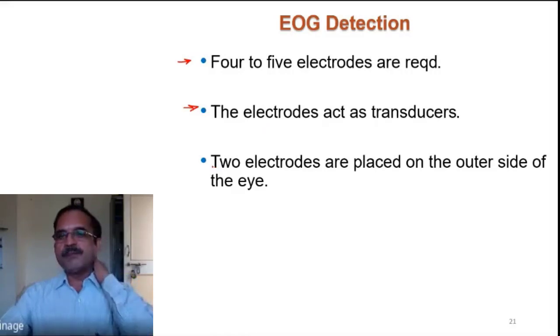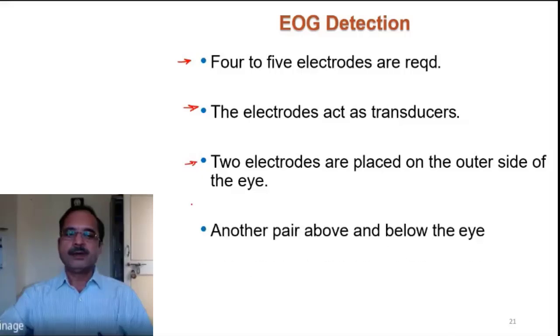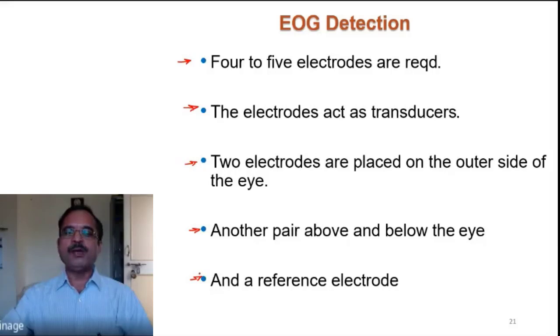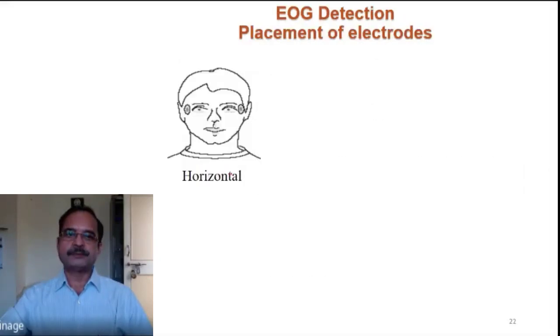Two electrodes are placed on the outer sides of the eye, another pair of electrodes is above and below the eye, and one is a reference electrode. So in total we use 5 electrodes for detecting the EOG, that is, the electrooculograph.